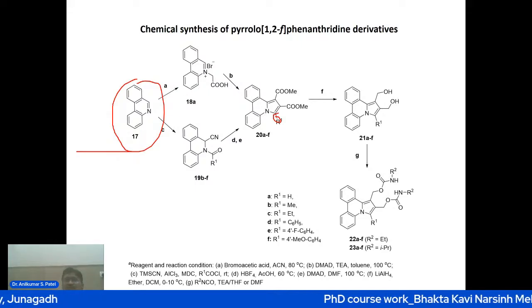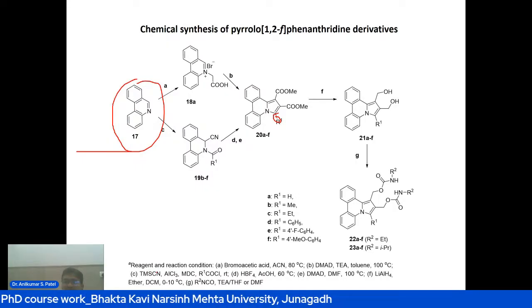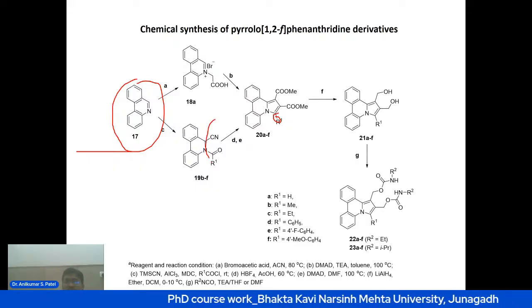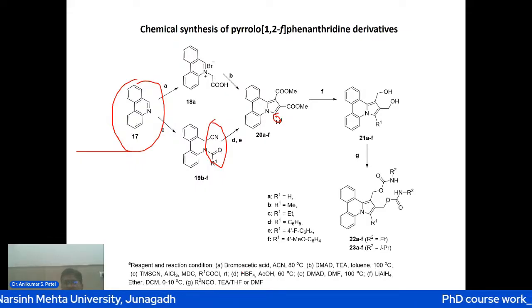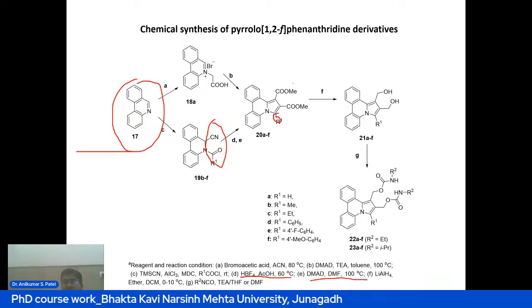Then, if we treat this compound with our previous chemistry, TMSCN, trimethylsilyl cyanide, in the presence of Lewis acid AlCl3, it produced the N-acetylated alpha-cyano product, with the cyano at the 2 position. Then we earlier reported the chemistry of preparing the HBF4 salt, which can be a precursor for the Diels-Alder reaction. This reacts with DMAD to produce the dicarboxylate.